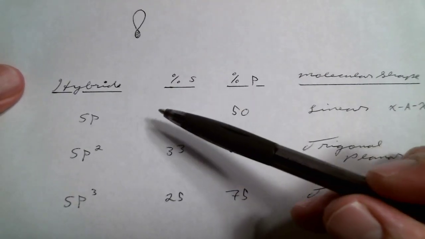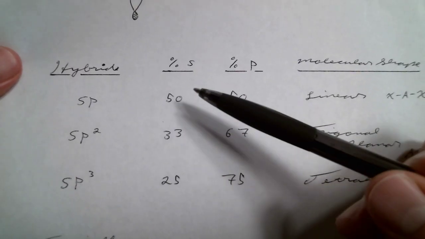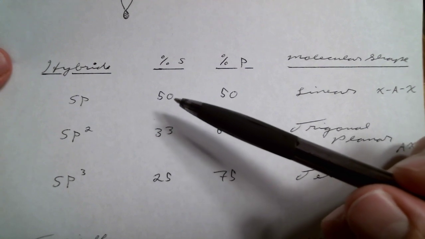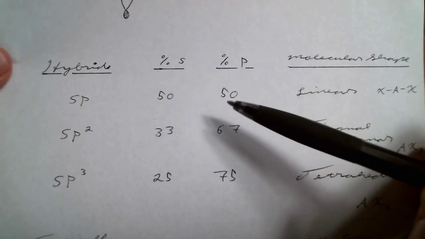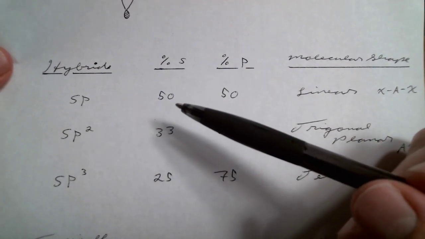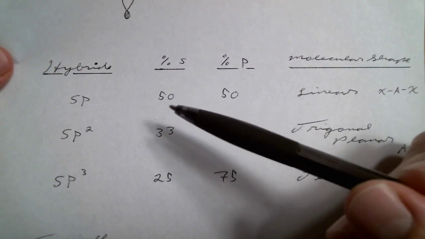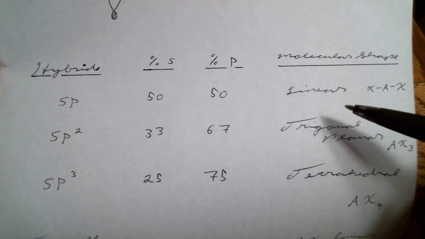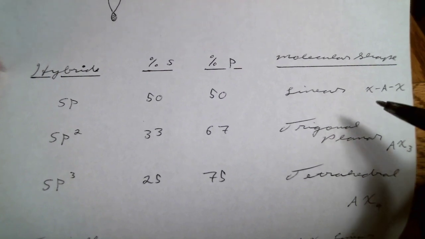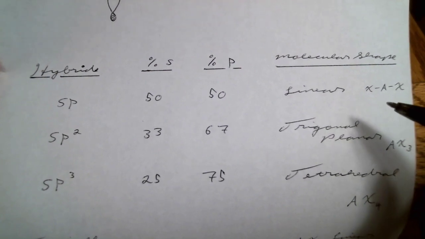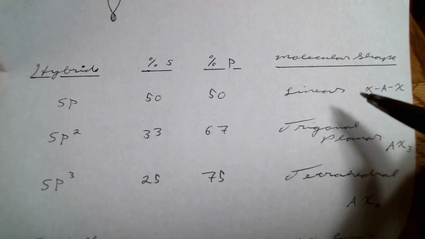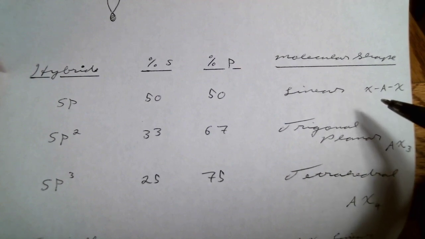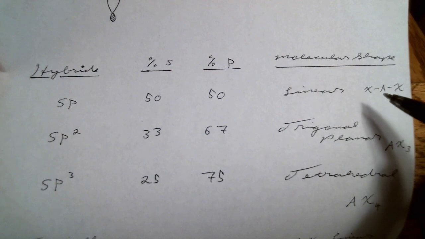In terms of the hybrids, we could look at percent s character and percent p character. For an sp, it's pretty equal percentage character, right? 50% s, 50% p. This describes linear molecules that are greater than diatomics, triatomic and higher. So hybridization on A here would be sp if it's linear.